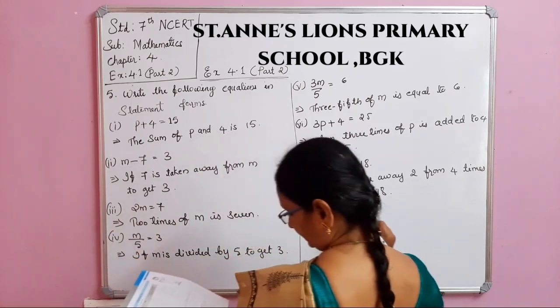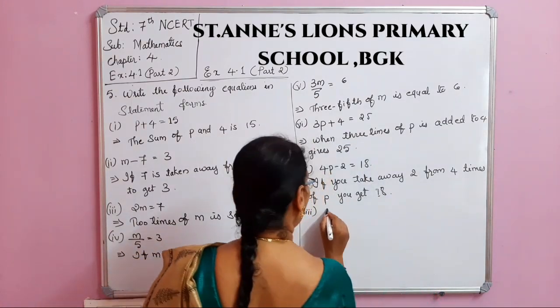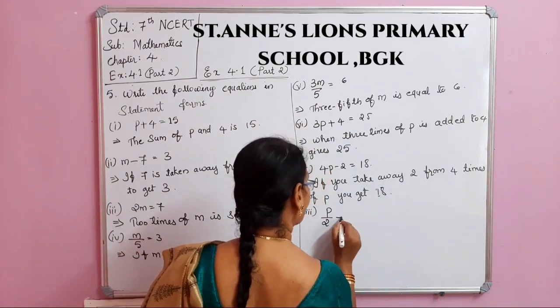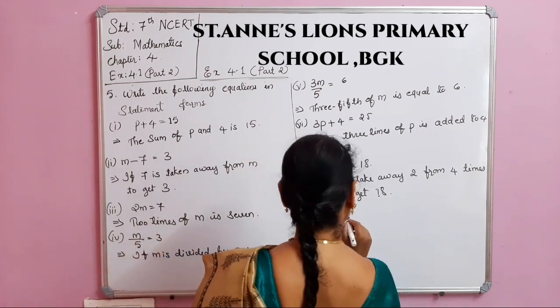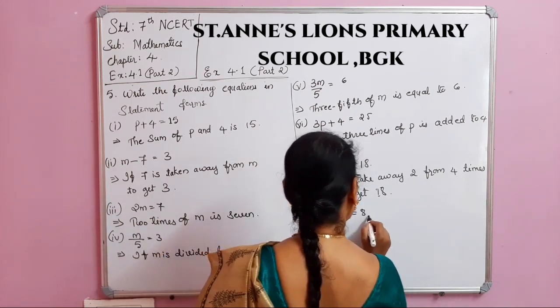Now, eighth and last. p by 2 plus 2 is equal to 8.